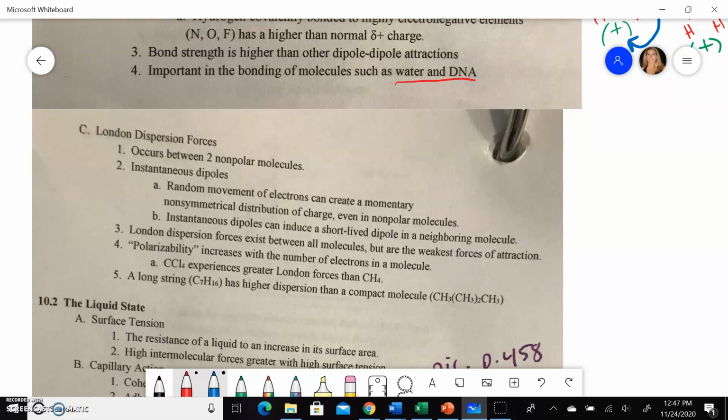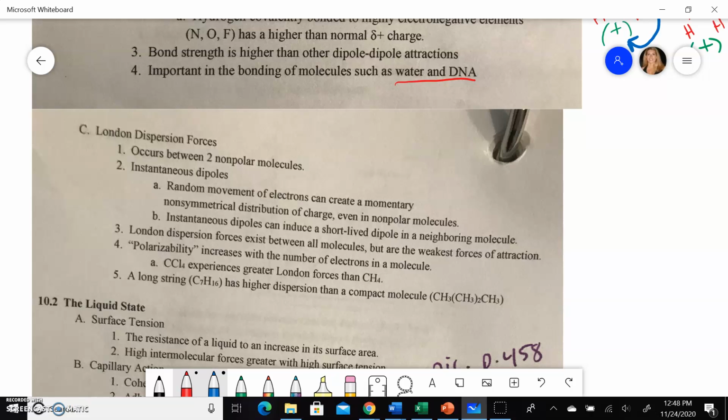And then as soon as they spread back out and get dispersed throughout the molecule, then you don't have that attraction anymore. But it's always happening somewhere in the beaker because you always have such a huge sample of molecules. And so it's always occurring somewhere in there, but it's a weak force of attraction, and again, it just has to do with the electrons that are randomly moving around.